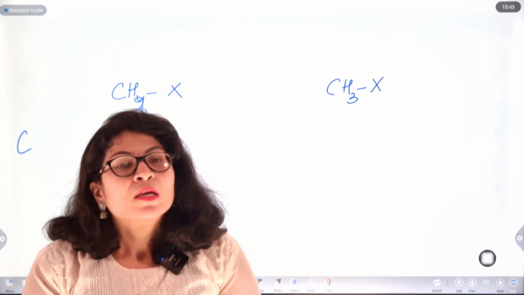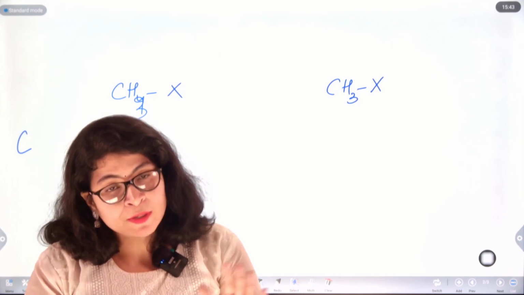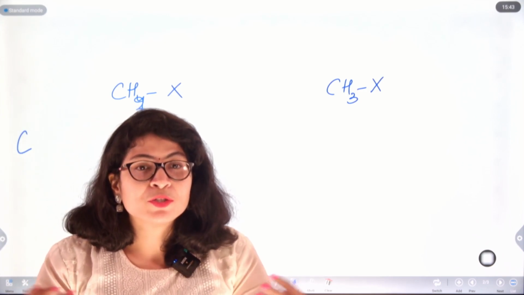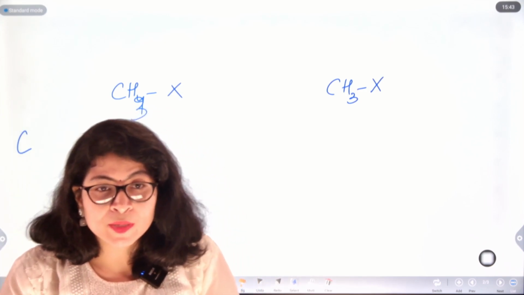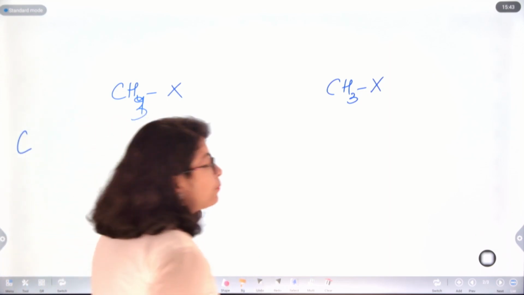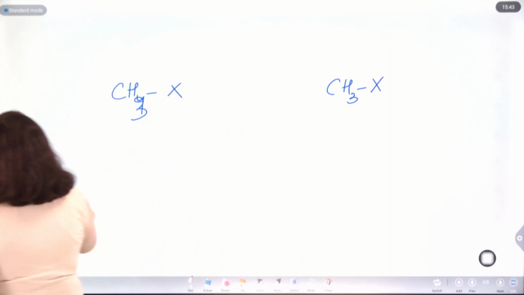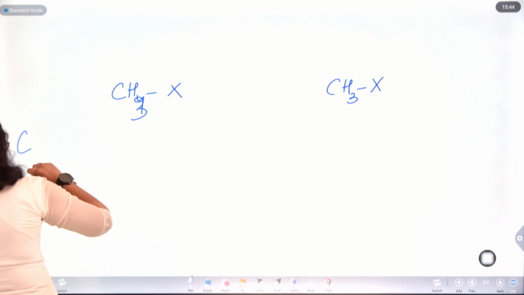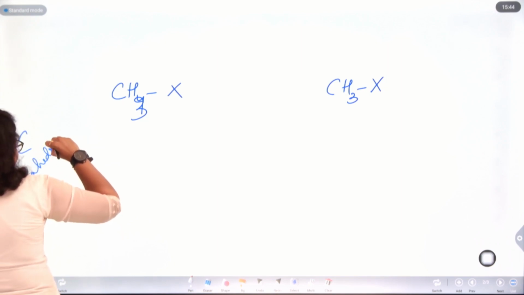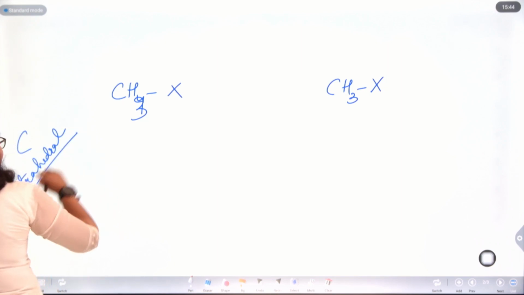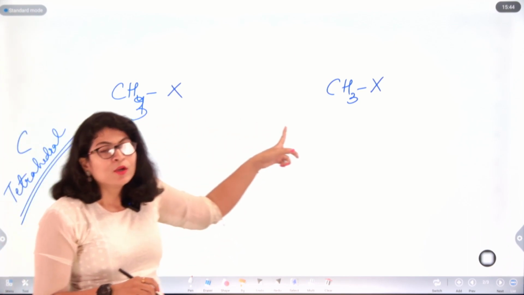So basically, if carbon is bonded to 4 different atoms, then the geometry of the compound will be tetrahedral. And in both the cases, what will happen?